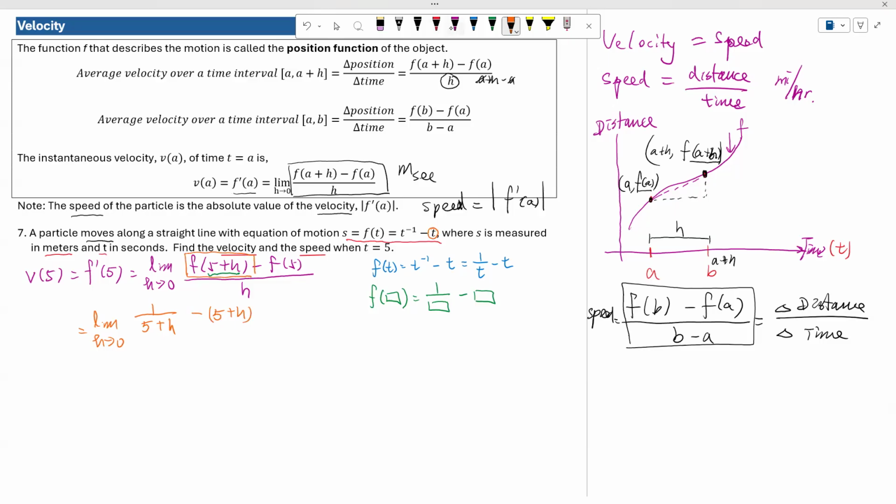And now we would like to subtract f of 5. So then it will be 1 over 5 minus 5, all over h.